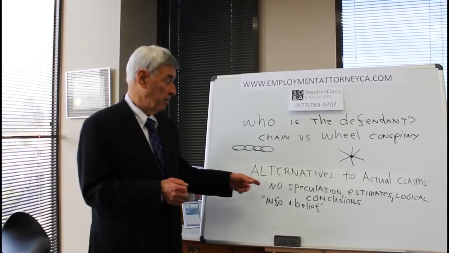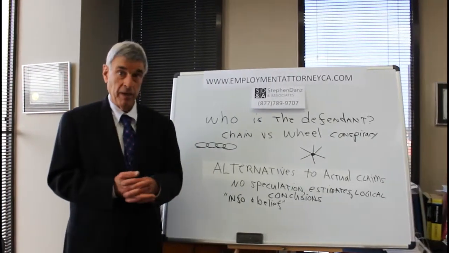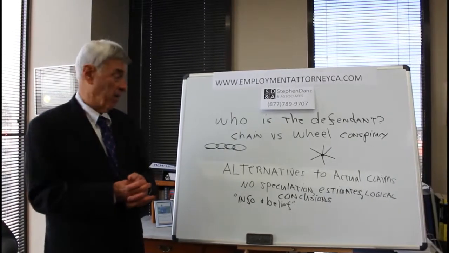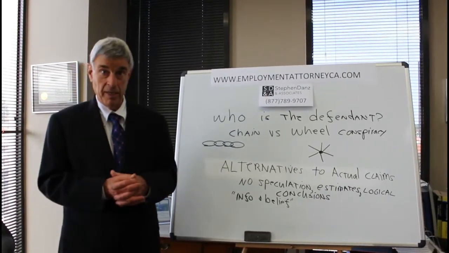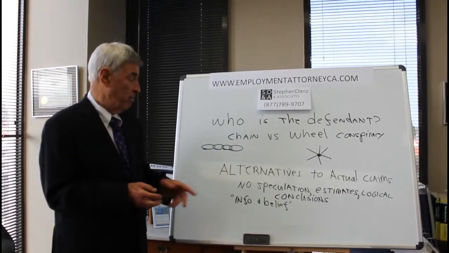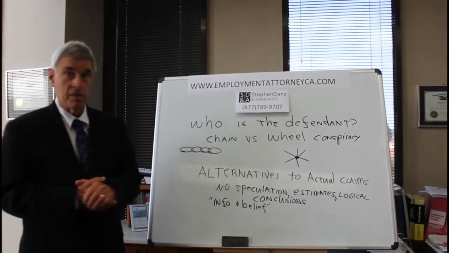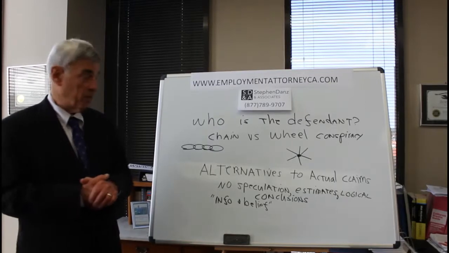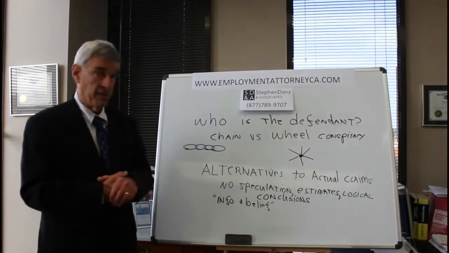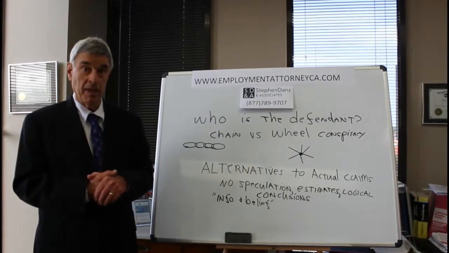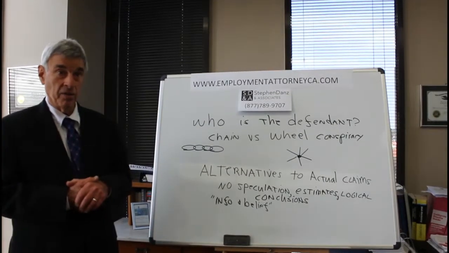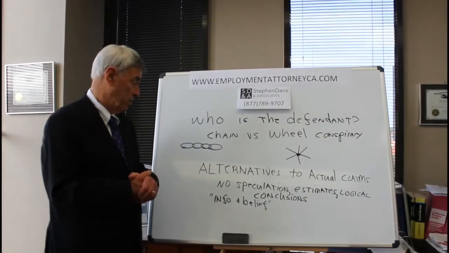So as long as the relator can avoid coming to us or any of the other excellent Qui Tam law firms out there, based purely on speculation, estimates, and what sometimes is called logical conclusions, there's probably going to be enough interest to get a Qui Tam case, at least to survive a motion to dismiss.